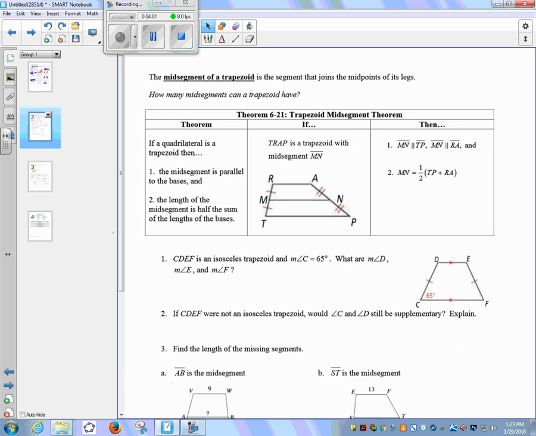Okay. The midsegment of a trapezoid. Now, this is for any trapezoid, not just isosceles trapezoids, but the midsegment of any trapezoid is the segment that joins the midpoints of its legs. Sound familiar? Hopefully. Remember, the midsegment of a triangle was something that we learned before.